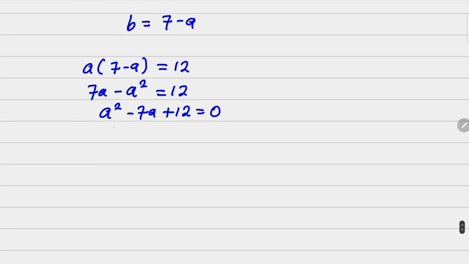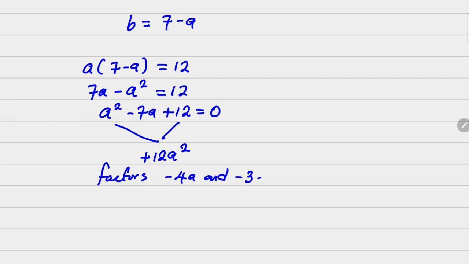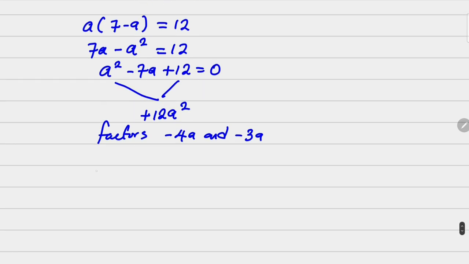This is a quadratic equation that when this and this are multiplied, I'm going to have plus 12a squared. And the factors in this case that will sum to give you minus 7 will be minus 4a and minus 3a. So therefore I'm going to have a squared minus 4a minus 3a then plus 12 is equal to 0.